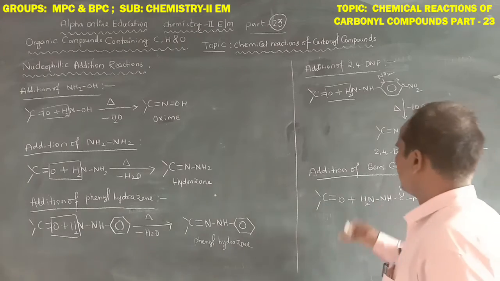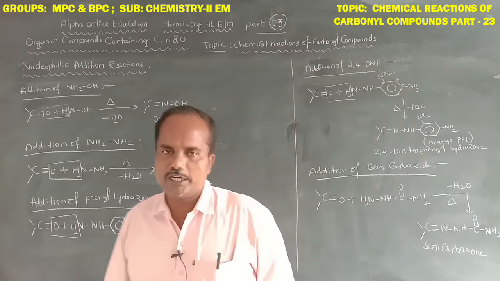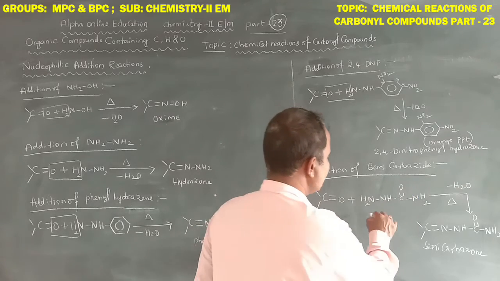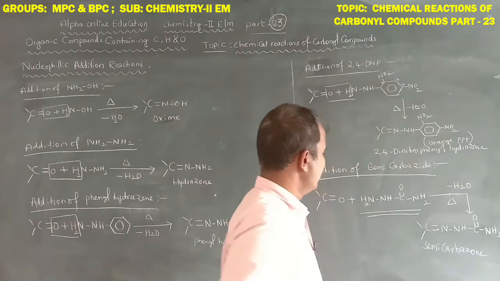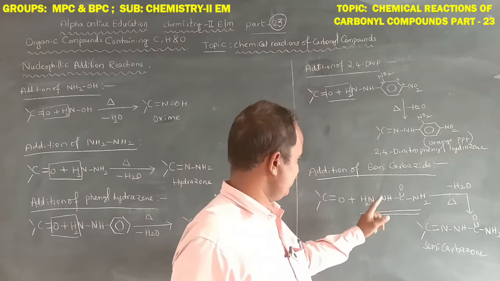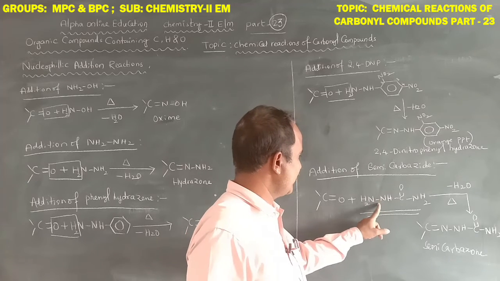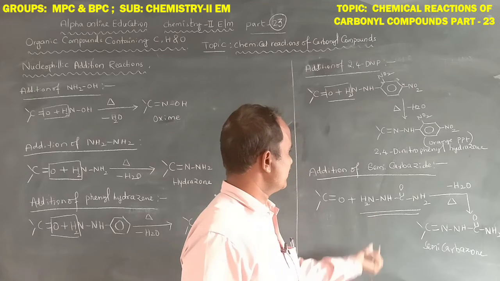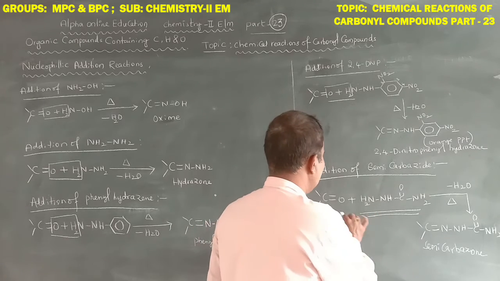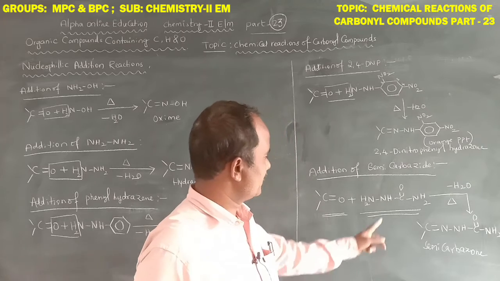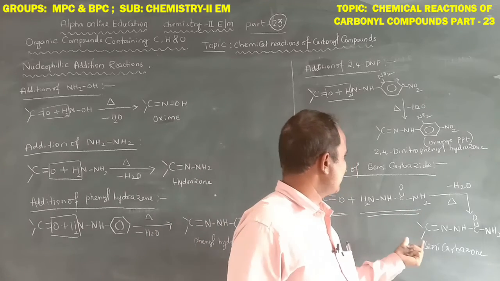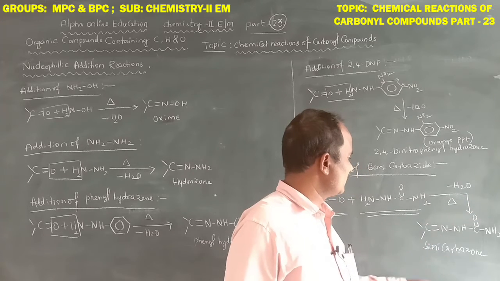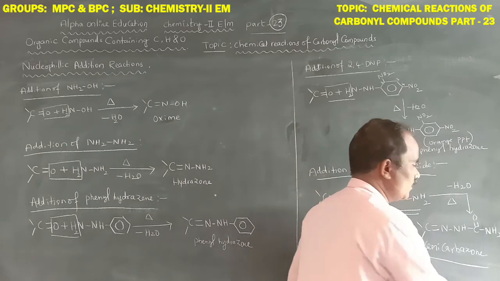Then another ammonia derivative test is addition of semicarbazide. Here, instead of one hydrogen, the NHCONH2 group is there, giving semicarbazide. When a carbonyl compound is mixed with semicarbazide and heated, removal of water molecule takes place and semicarbazone is formed.